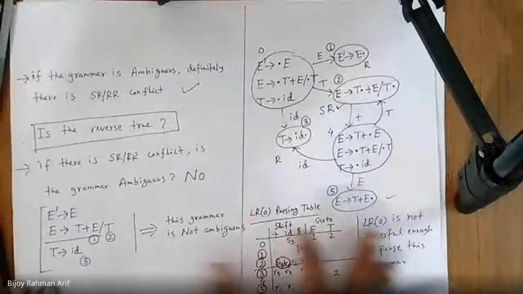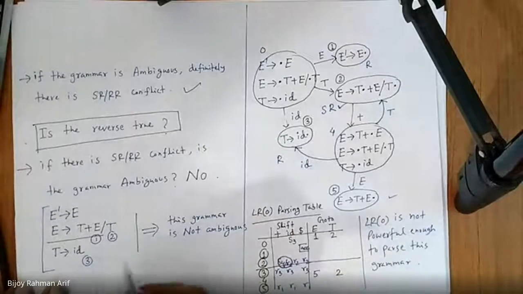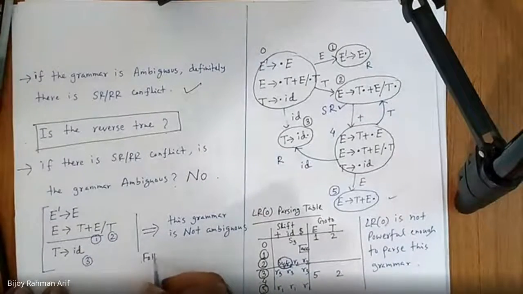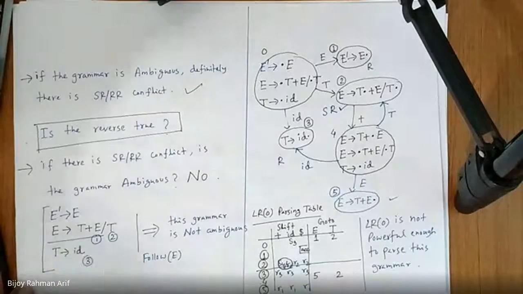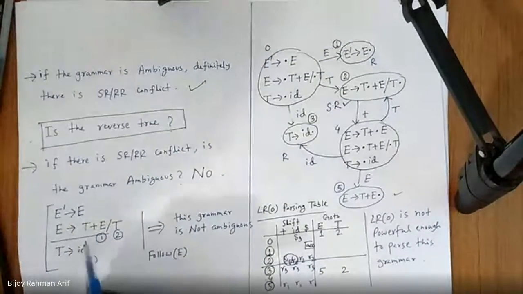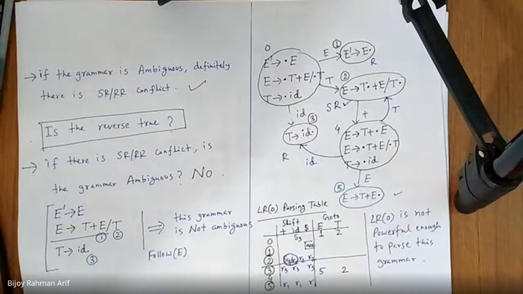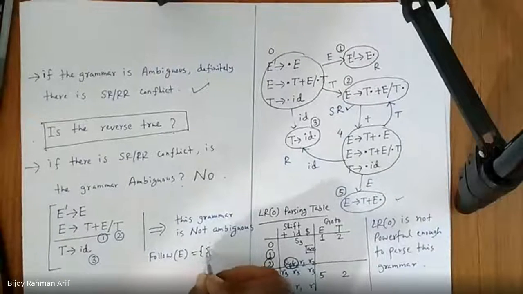So we have to again find out the follow. What is follow of E here? Dollar. Follow of E is dollar.